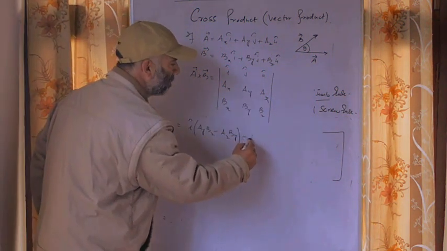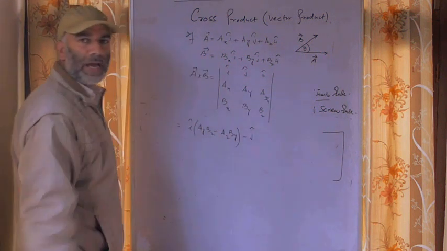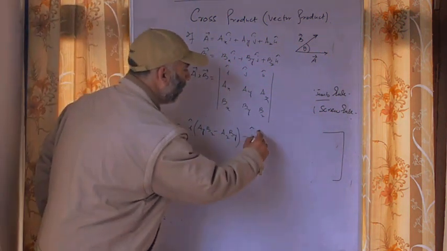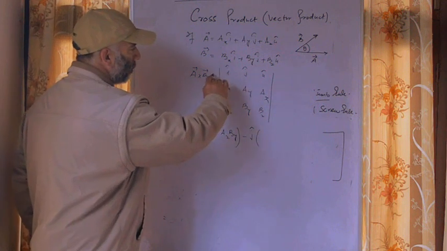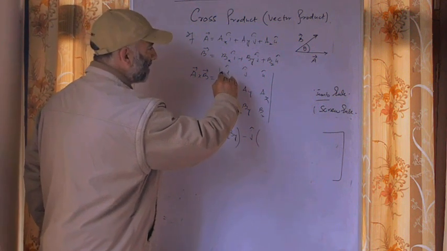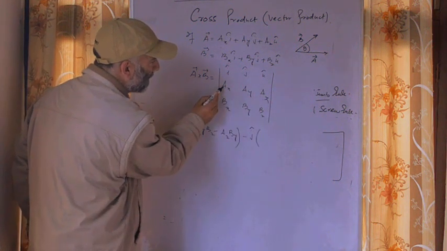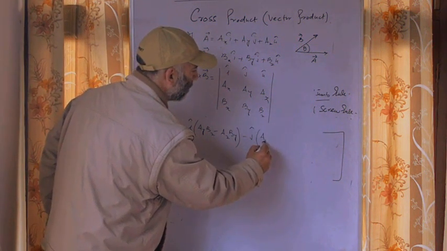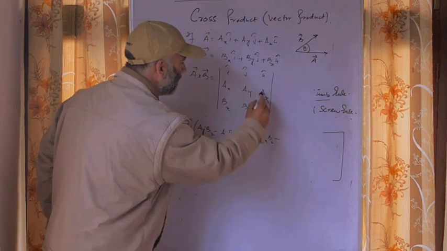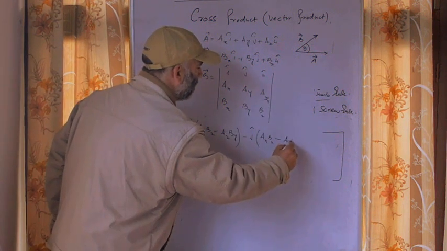This is j, so put a minus sign here. There is a formula for that, which I will explain. Neglect the row and the column in which j exists: it is row number 1, column number 2. Here AX BZ minus AZ BX.